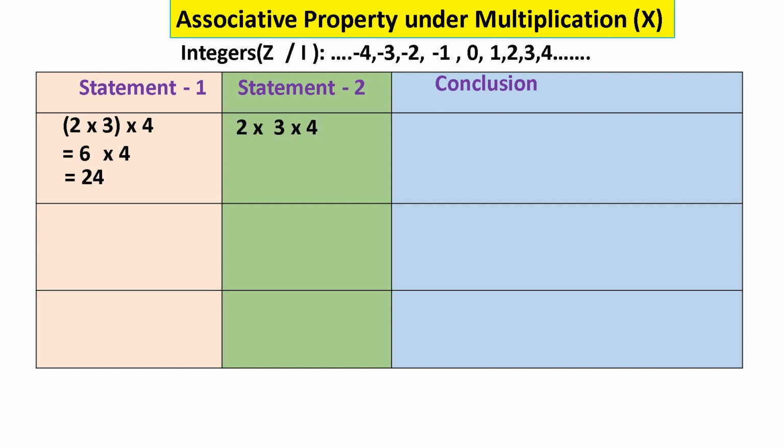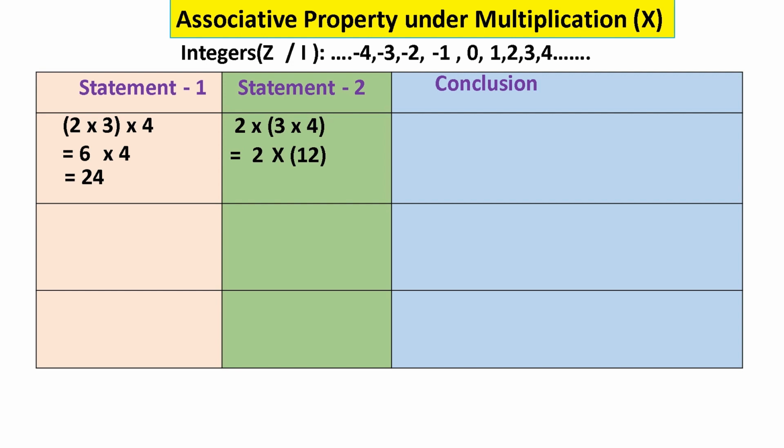Next, we cannot multiply three integers at the same time. So in statement 2, we first multiply 3 and 4, the second and third integers, meaning the last two integers. Now the first integer is 2, and the product of the last two integers is 12.